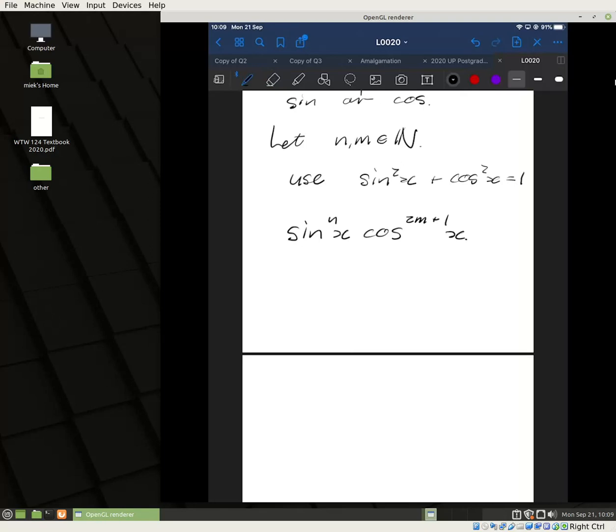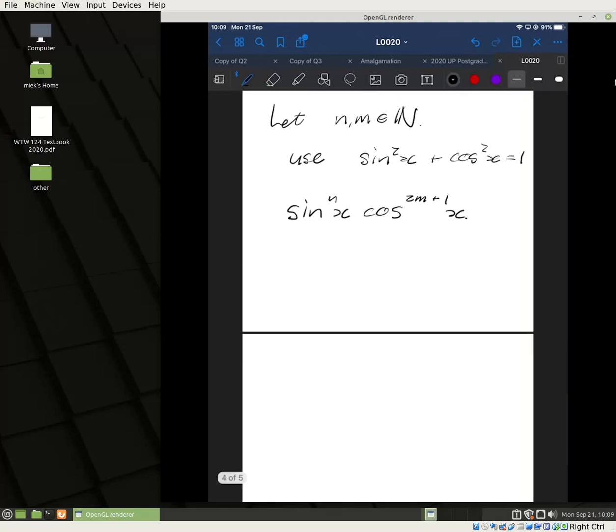So let us take out one of these cosines and write it as follows. So we've got sine to the n x, and let's take out one of these cosines. So we're left with cosine to the 2m x, so let's write it as cosine squared x to the m.